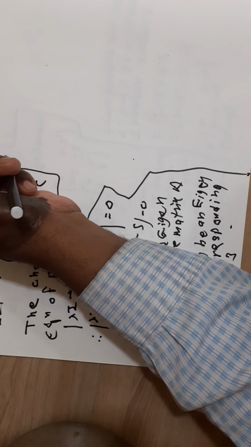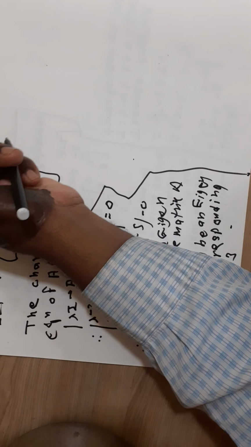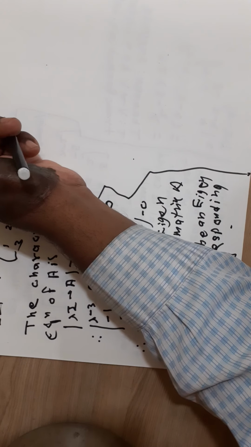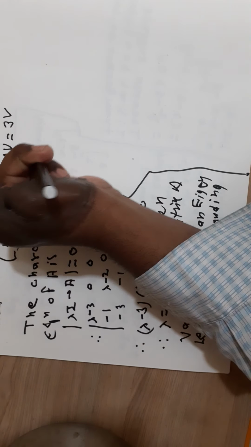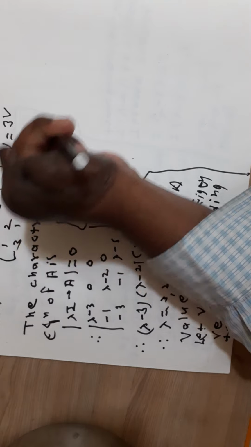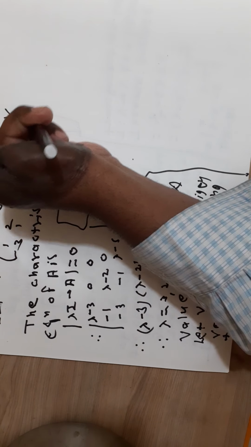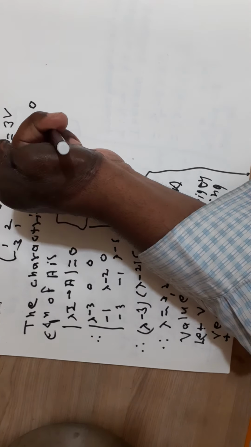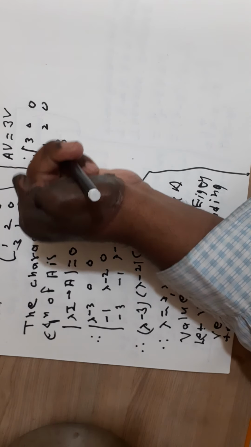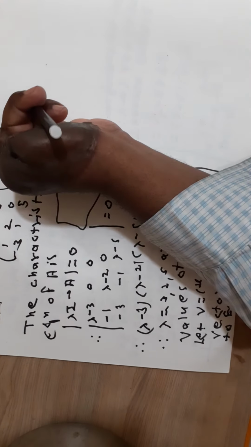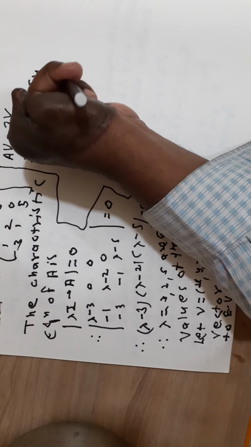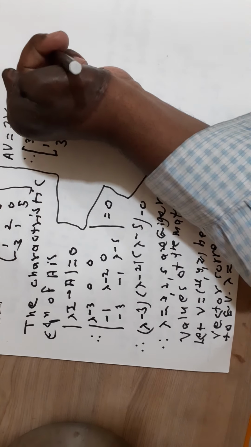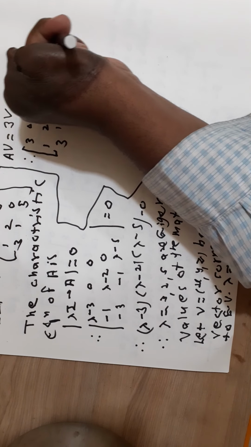Therefore AV is equal to 3 times V. The matrix A, 3 0 0, 1 2 0, 3 1 5, multiplied by the column matrix x, y, z, is equal to the column matrix 3x, 3y, 3z.